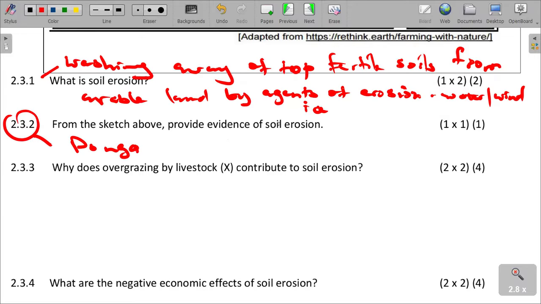And then why does overgrazing by livestock contribute to soil erosion? Overgrazing by livestock contributes to soil erosion.